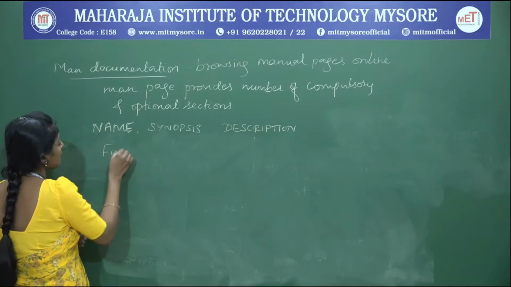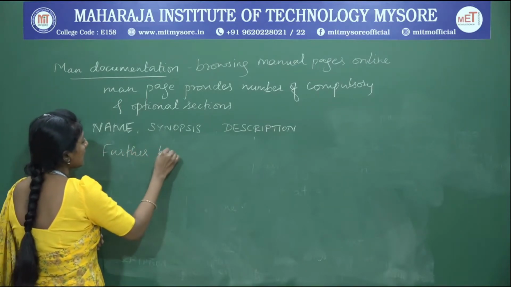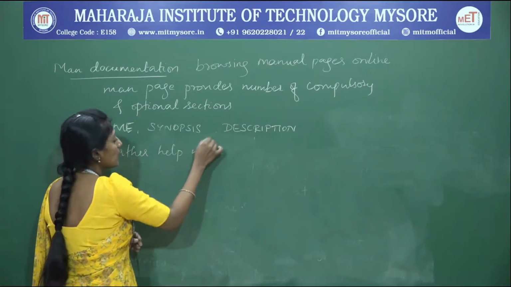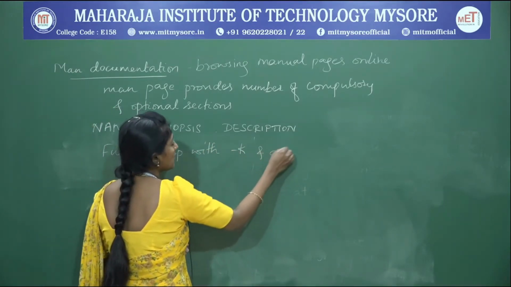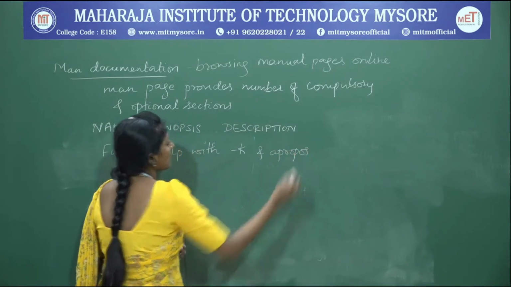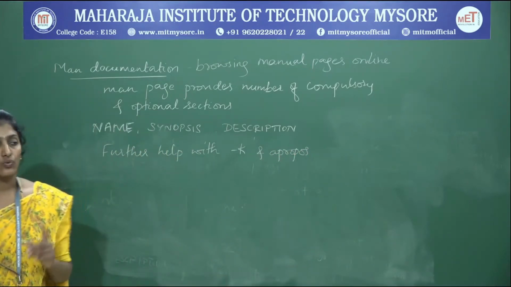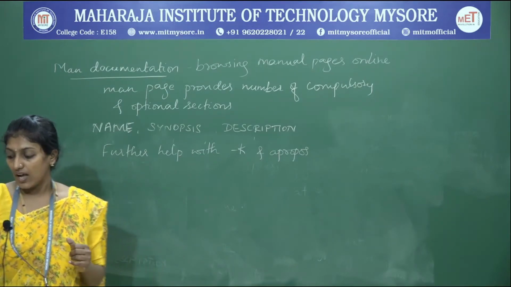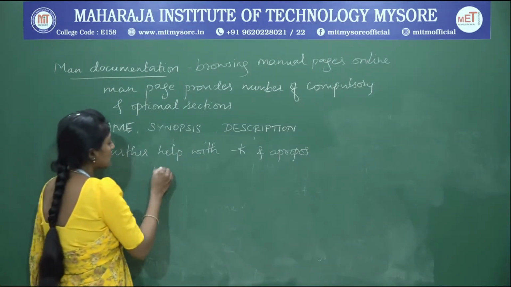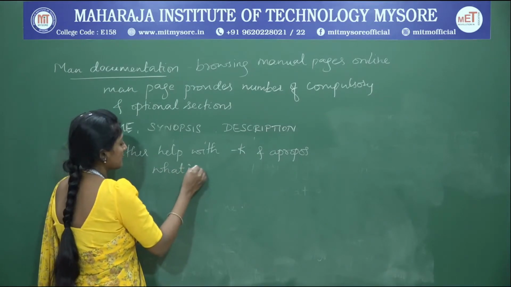So if the user wants to know further help with one of the options, that is the option -k command, and one more is the apropos command. Okay, so what is this -k, and one more is what? apropos, and the last one is whatis.